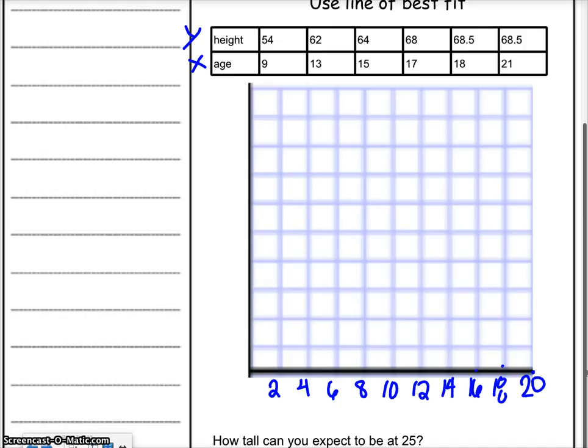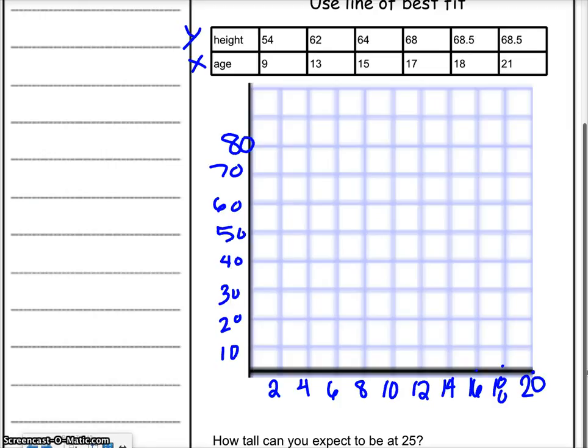Maybe this one's going to be 10s, right? Because 50 to 70-ish. 10, 20, 30, 40, 50, 60, 70, 80.